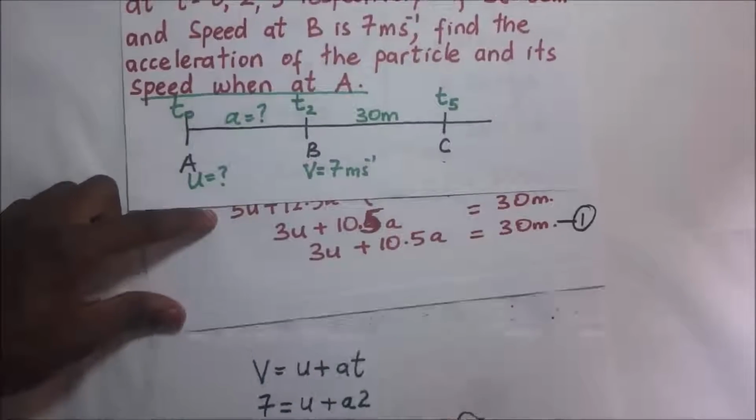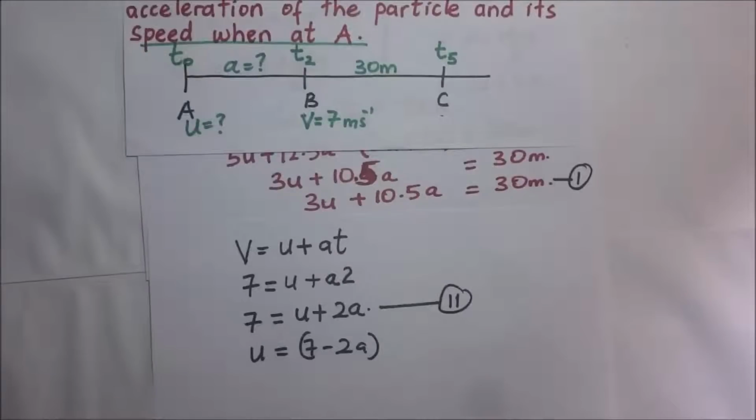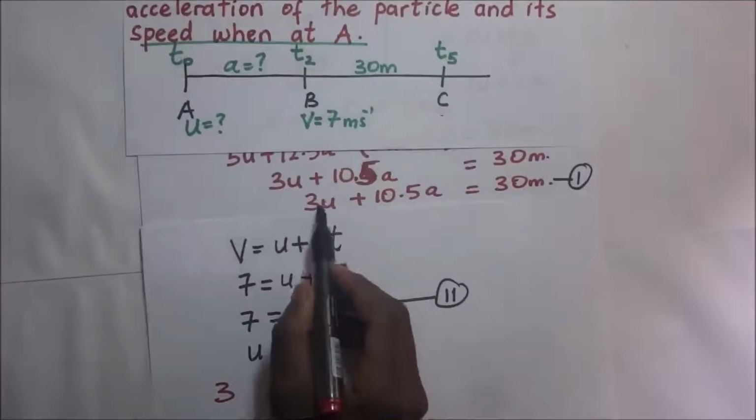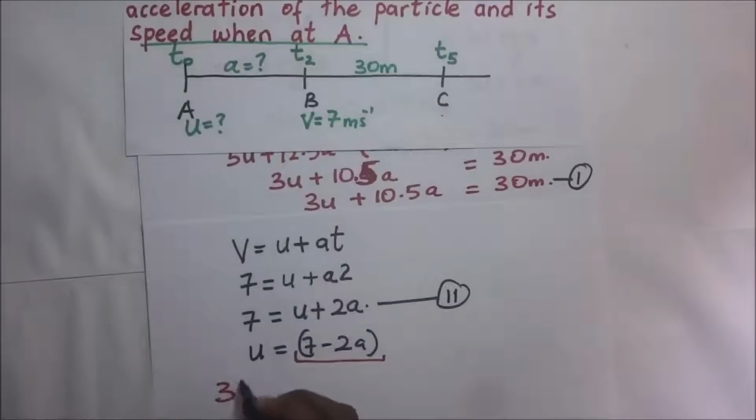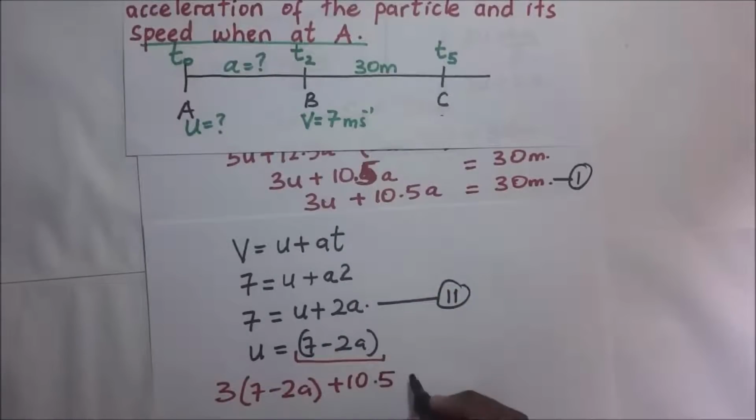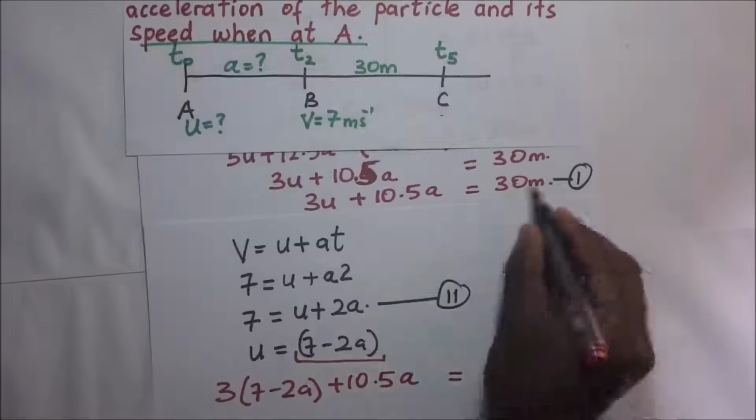So right here, if we put it in there, it will become 3 times u. Now the value of u is this one here, so 3 times u, which is 7 minus 2a, plus 10.5a is going to be equal to 30.